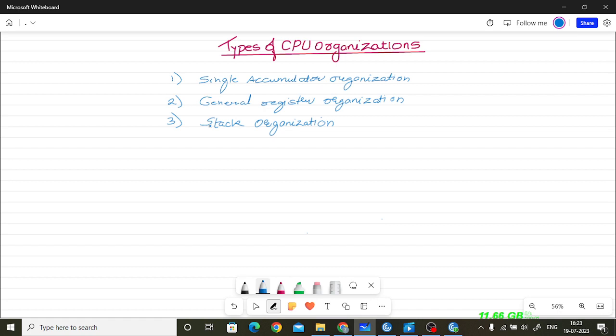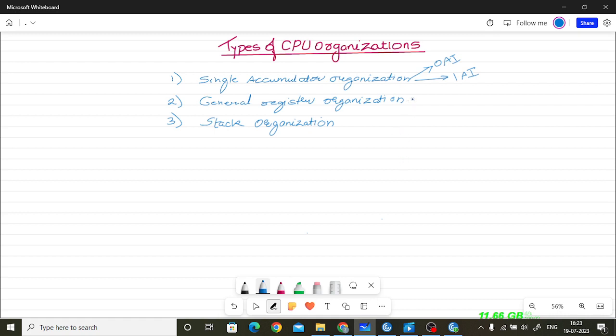Single accumulator organization is capable of executing only zero address and single address (one address) instructions. Later on we will see what zero address and single address instructions are.